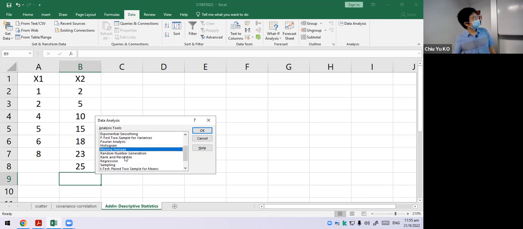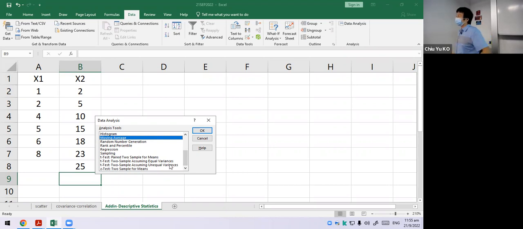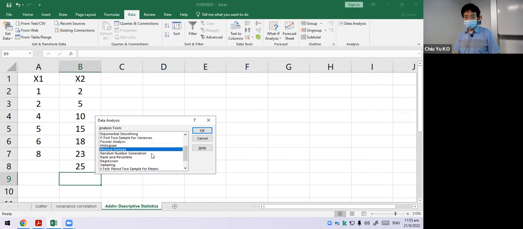We don't do the random number generator and rank and percentile, but we will do regression. We don't do sampling, but t-test and z-test, although we do almost everything. So basically, we will cover 75% to 80% of that in our course. If you understand the whole class, you should be able to understand almost everything. So that's why we need to talk about it a little bit.